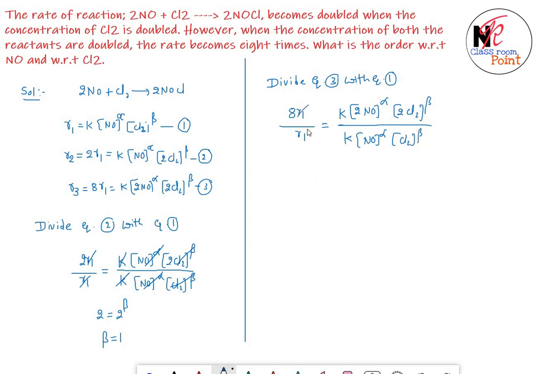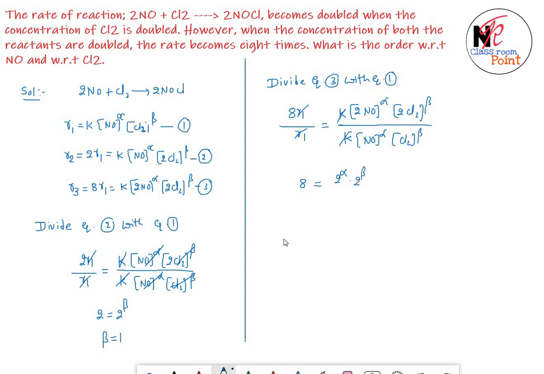Now by cancelling the common things, we shall get 8 equals, K value also gets cancelled, NO power alpha cancels out, so we get 2 power alpha, and Cl2 power beta cancels, so we get 2 power beta.